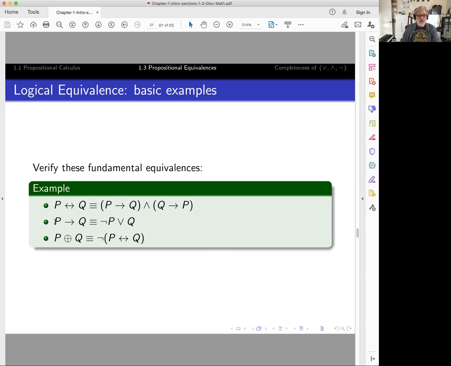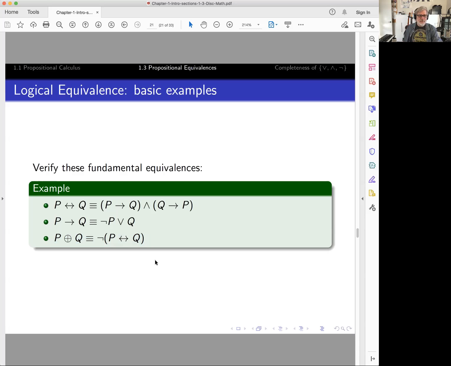This is a really fundamental one to understand. If you understand that, then you understand implication. And here's another one for the XOR, although if you think about it, it's just a few seconds, it's pretty quick. But I'll let you try those out by yourselves at some point.